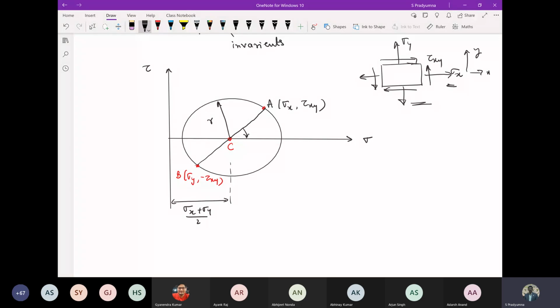So this angle, we have to learn what this angle is. Let's say I drop one line like this. Let's say this is J. What is the value of AJ divided by CJ?